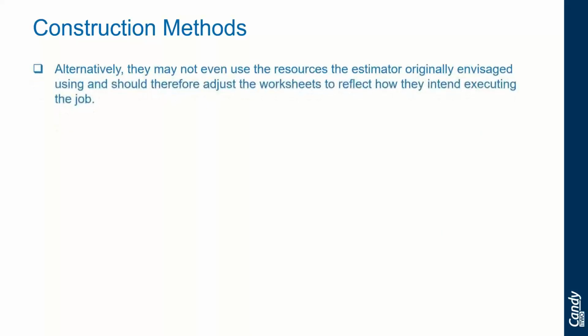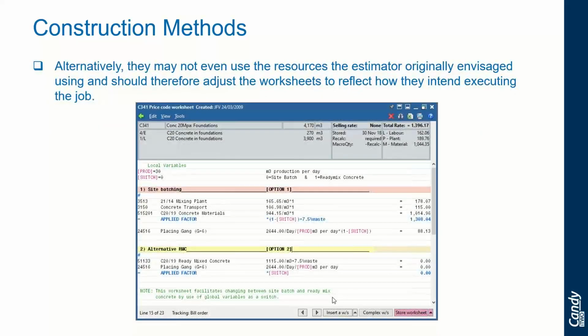Also, we're looking at construction methods. So worksheets can be built with local or global variables used as switches, which makes it quicker to switch and check different scenarios. For instance, the use of ready mix instead of side batching. So for this typical example, a switch has been applied to the worksheet to indicate prices of side batching option 1 and ready mix option 2.